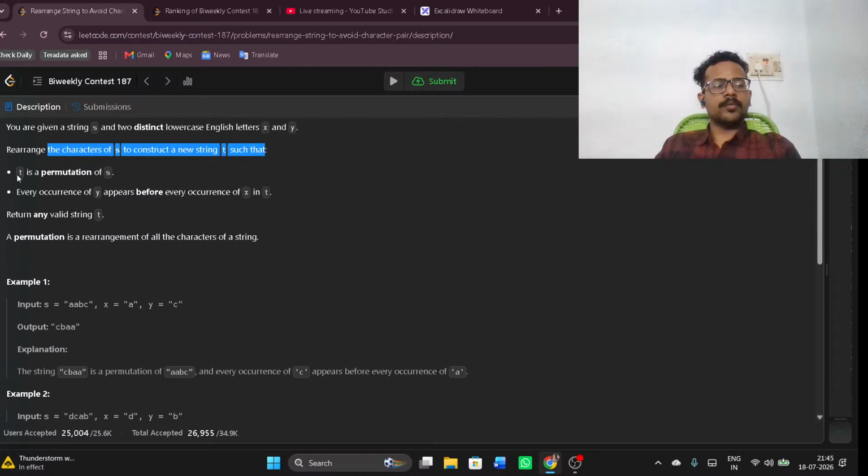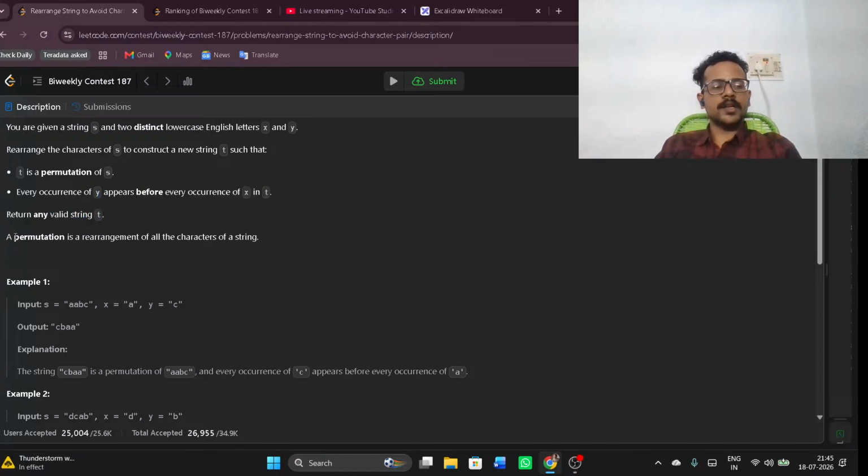So T should be a permutation of S, and every occurrence of Y appears before every occurrence of X in T. So we just need to make sure Y appears before X in the new string. That's all we have to do, and return any valid string.